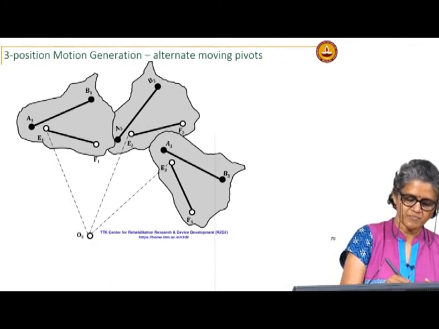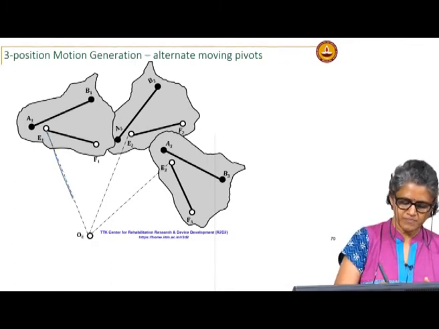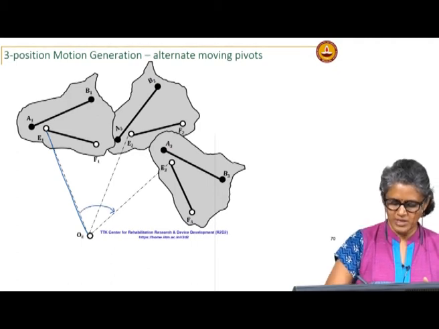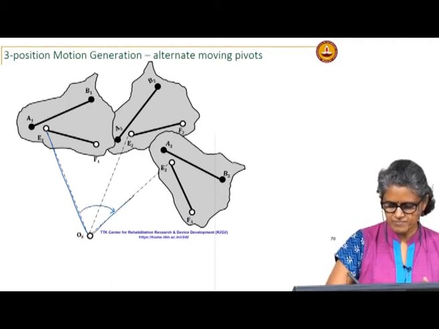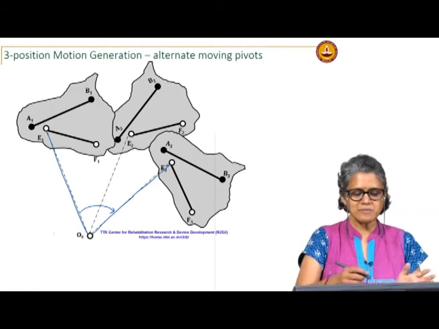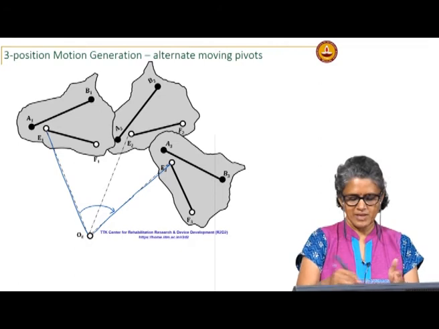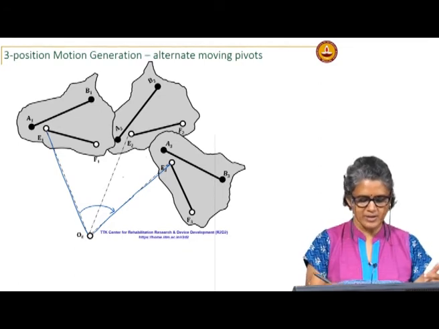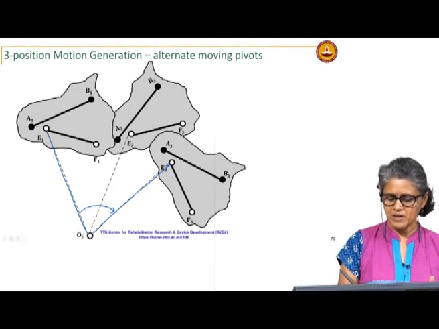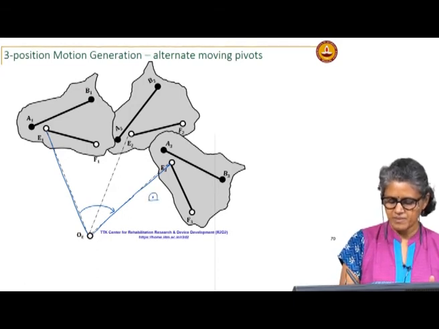So, I can say OE E1 has to move to OE E3. Okay, I keep this part of the mechanism the same. I may have an OF, I have not drawn it here, but I will find OF, and so OF may be somewhere here.